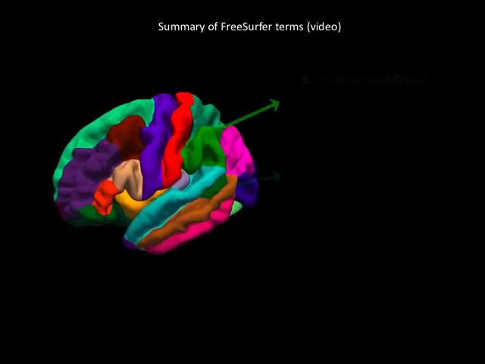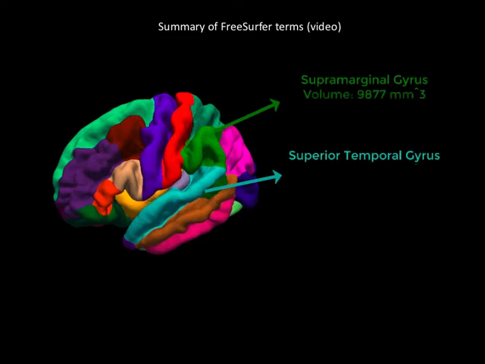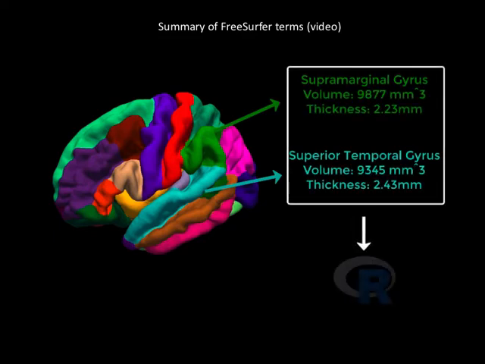All right, so from these segmentations or parcellations, you can gather different structural data, like volume, thickness, whatever you want, and then import that into a statistical software package, like R. So at a fundamental level, that's really all you need to know if, say, you're interested in differences within each of these parcellations or segmentations. Okay, so at a very basic level, that's really all you need to know.